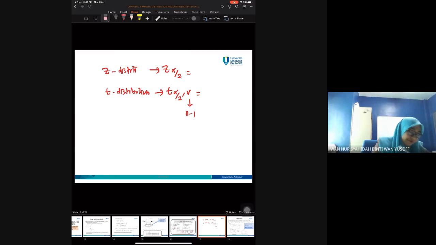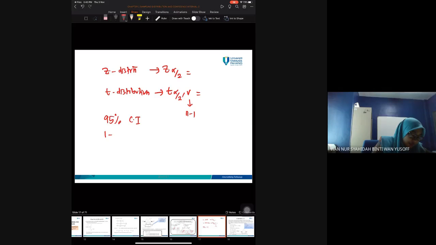So what is our alpha? It comes from the confidence level, the percentage of our confidence level. Confidence level is a probability that represents the range of value that we are going to calculate. Let's say that we need to find a 95% confidence interval. The alpha comes from this confidence level.